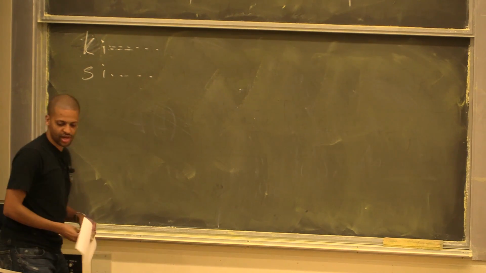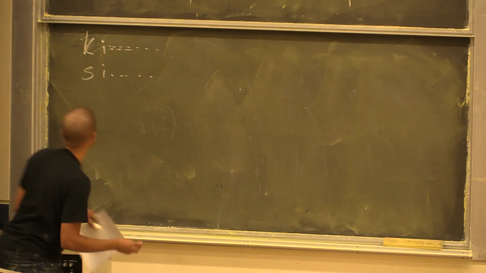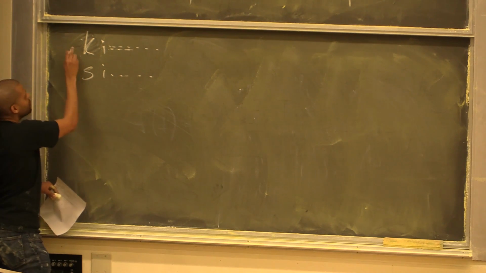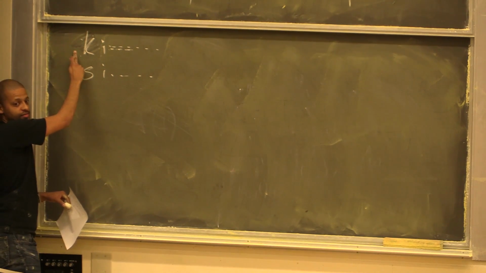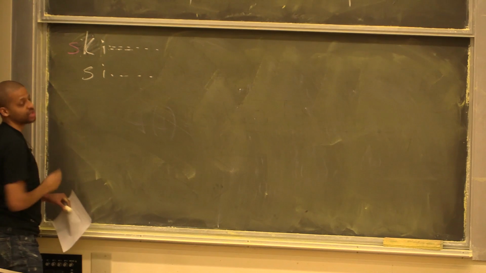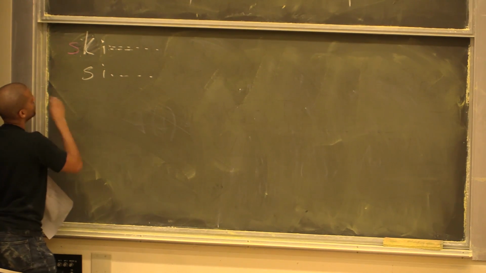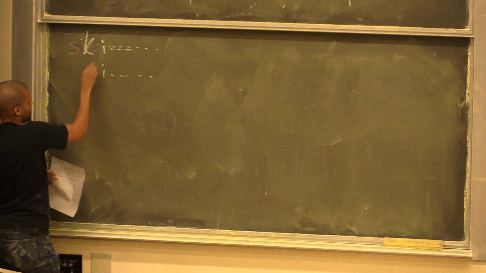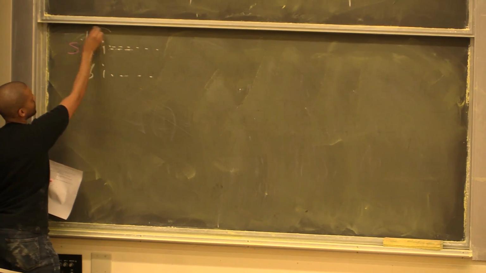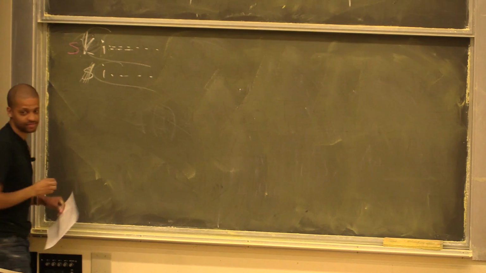So what are the options? One option is I can insert an S right here. That's one option, and then if I do that option, I recursively have to make these two things match.